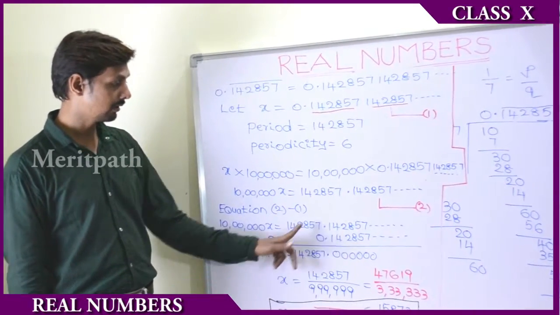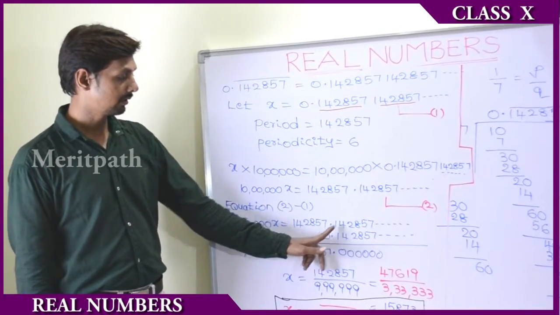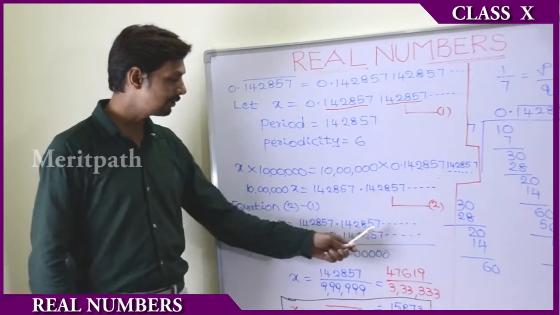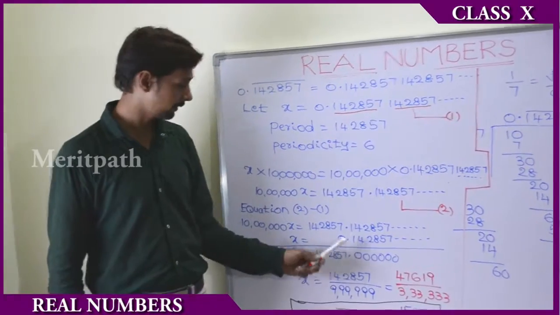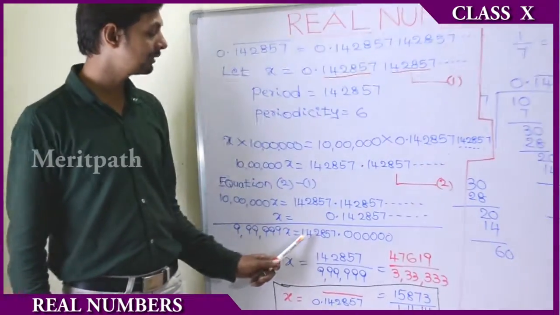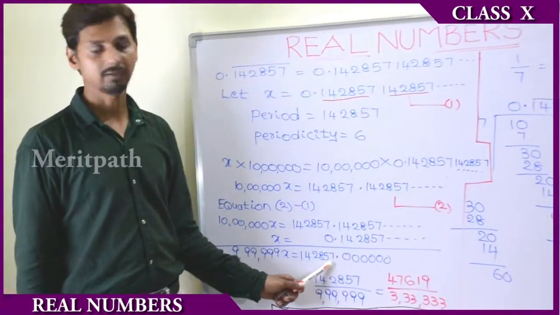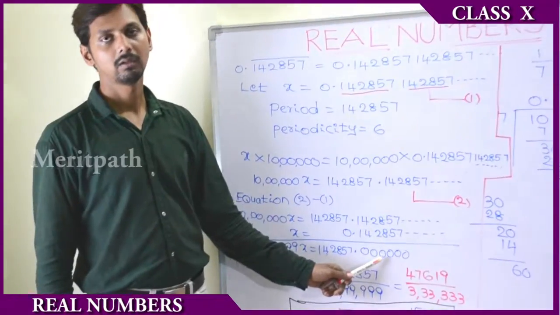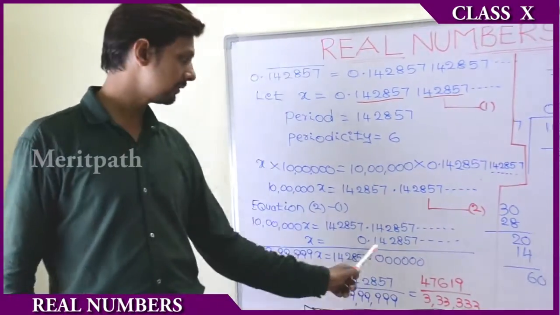And here 142,857, 142,857 is the same value, so we get all zeros. Then after subtraction, we get 142,857.0. After the point, 0 has no value, so let us remove that.